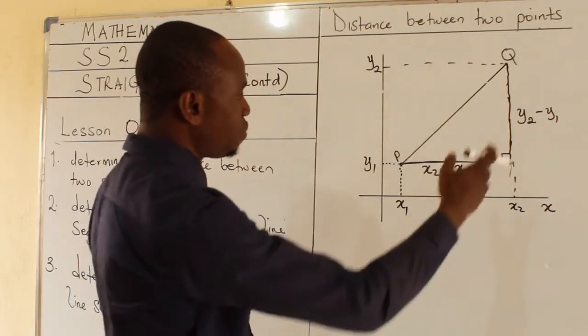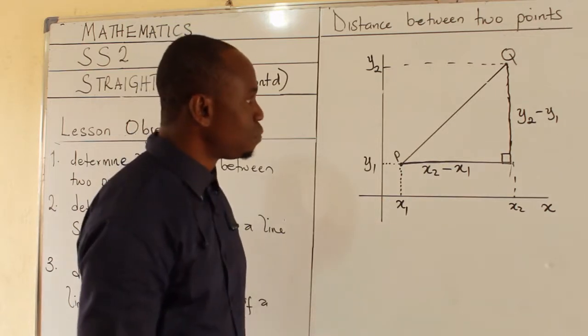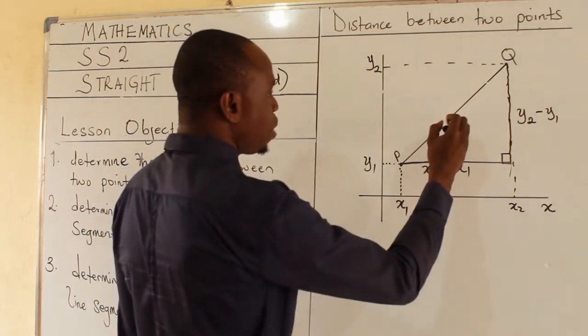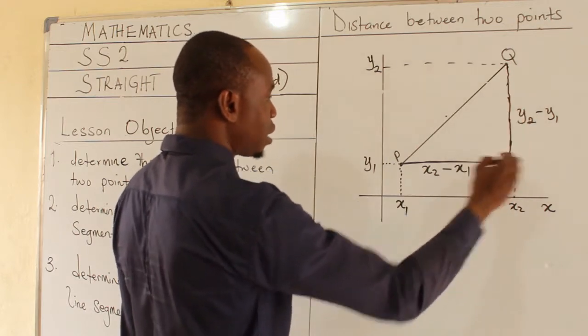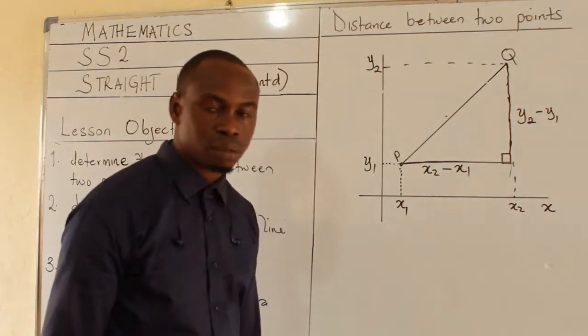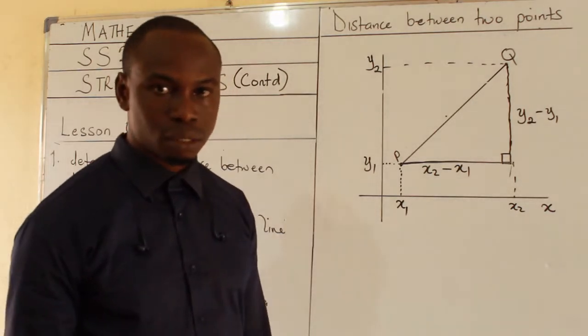And from what we have done, it is obvious that the length of P and Q is connected to the vertical distance and the horizontal distance by Pythagoras theorem.